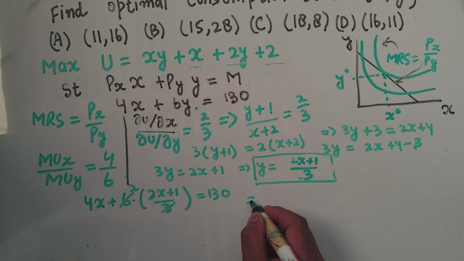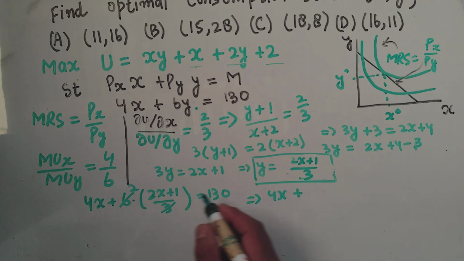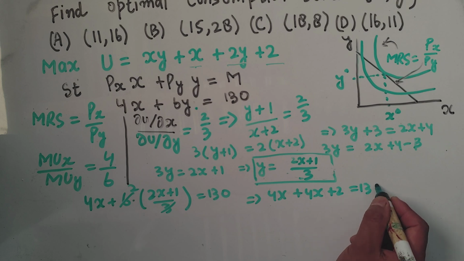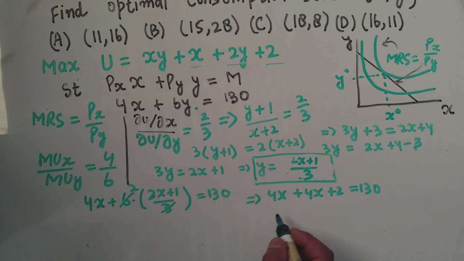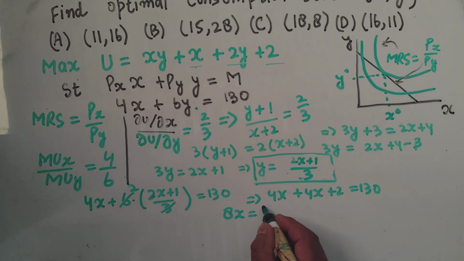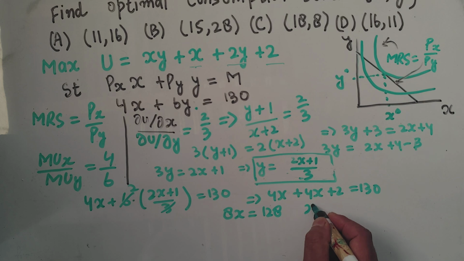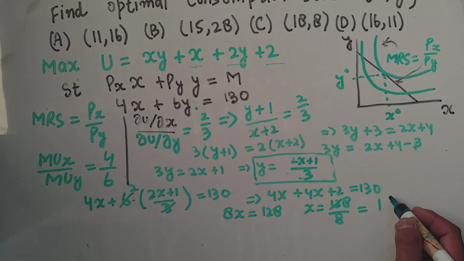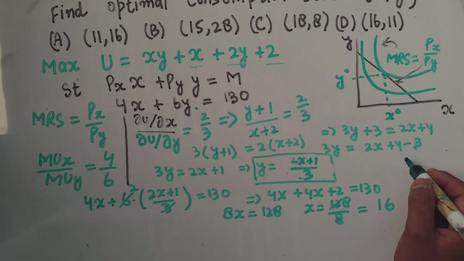So we are left with 4x plus 2 times (2x plus 1) is 4x plus 2, so 4x plus 4x plus 2 is equal to 130, which implies we get 8x. 8x is equal to, transpose this term, it gets subtracted. So 130 minus 2 is 128, or x will be equal to 128 upon 8, which will be equal to 16. That means x star will be equal to 16.